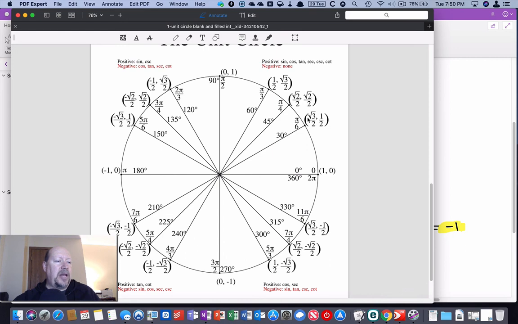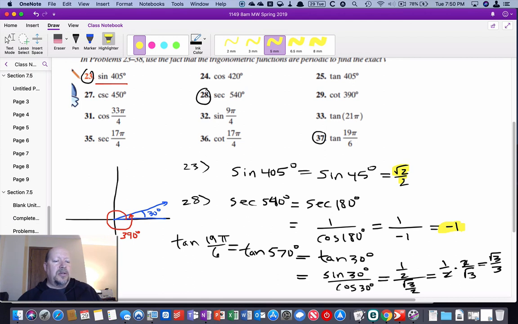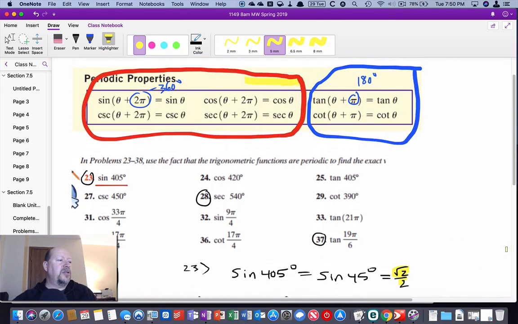Remember, the y-coordinate is the sine. So 1/2 divided by radical 3 over 2. The sine is 1/2, the cosine is radical 3 over 2, so we invert and multiply. This is 1 over radical 3, which is radical 3 over 3 when you rationalize it. So the periodic properties of these trig functions tell us how we can come up with exact trig function values for angles that we're not familiar with.